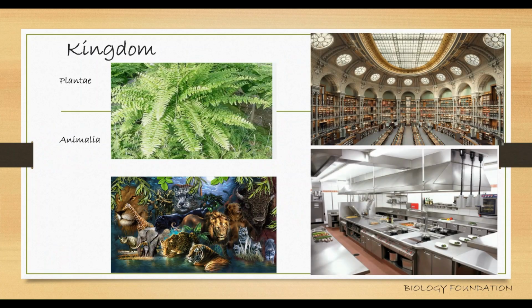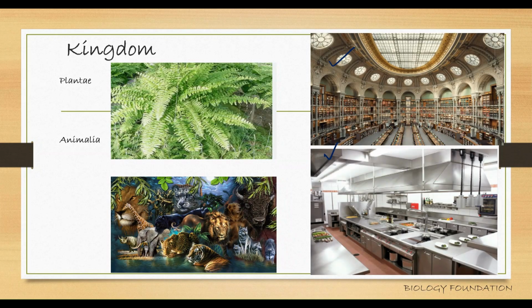It's a place filled with numerous books from various genres. The same way, here you can see a kitchen. What is a kitchen? It's a place where you can find food items. Anything related to food is usually found in a kitchen.